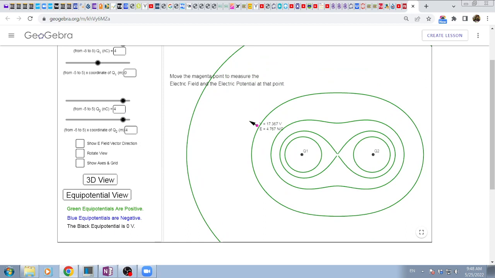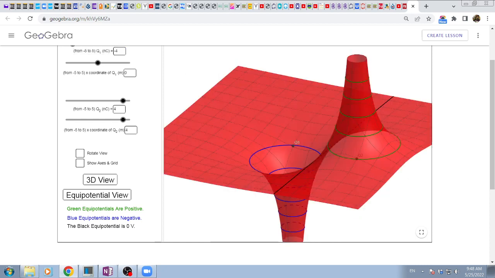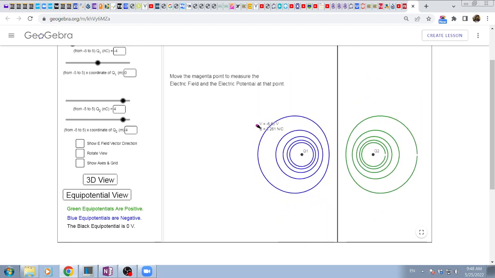And if you have one negative and one positive, as you can see, guys, the further I go, the potential, the voltage difference, is going to decrease.